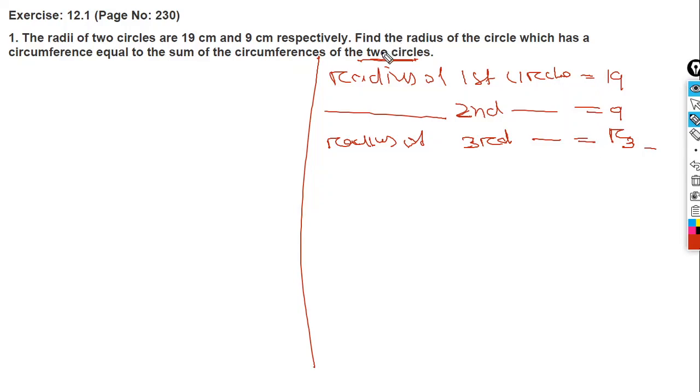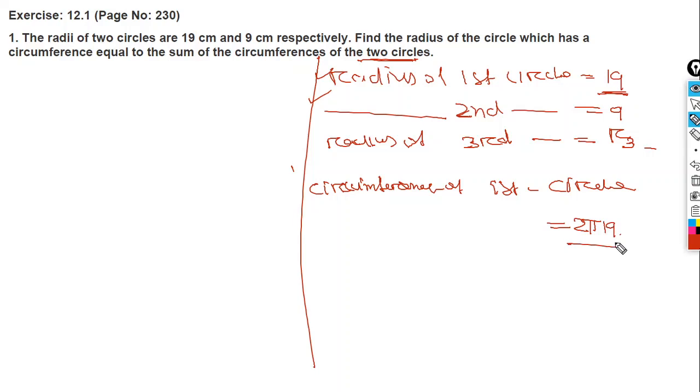Now we have to find the circumference of these two circles. Let's find circumference. Circumference of first circle is equal to 2 pi r. Here r of the first circle is 19.